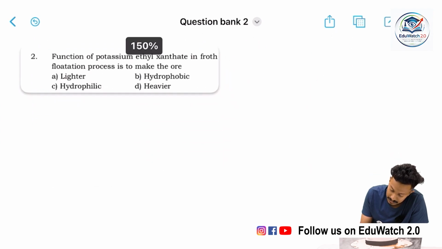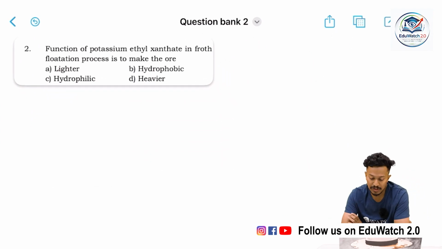Our next question is, the function of potassium ethyl xanthate in the froth flotation process is to make the ore what? Option A, lighter, hydrophilic, hydrophobic and heavier.